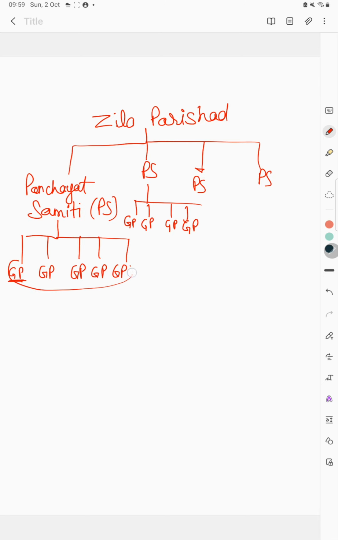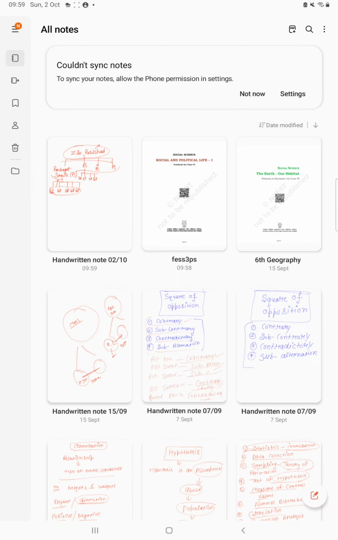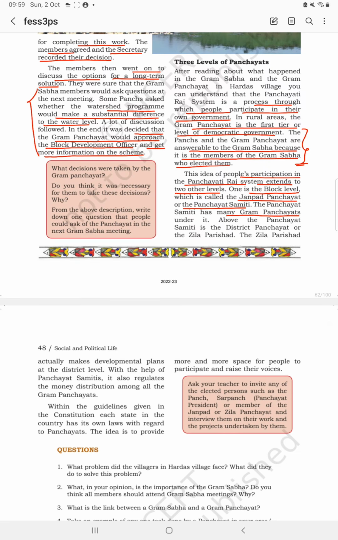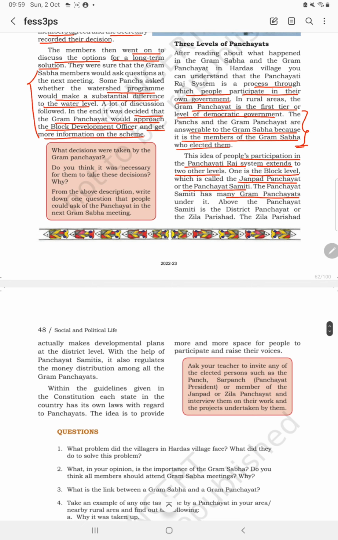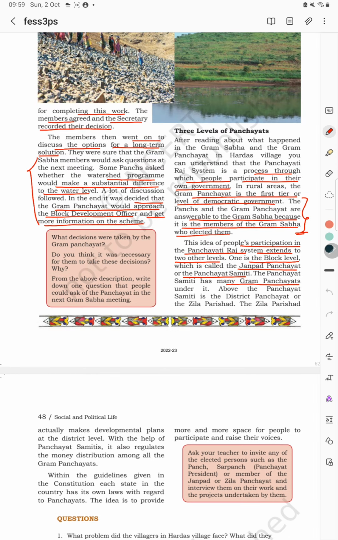The cluster of Gram Panchayats forms the Panchayat Samiti. Then a cluster of Panchayat Samitis forms the Zilla Parishad. Zilla Parishad is the highest unit of development in a district. Clear? So above the Panchayat Samiti is the district Panchayat, or Zilla Parishad.